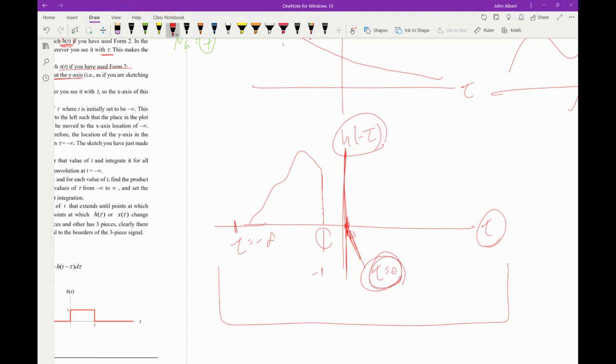Which means that the point which is at tau equal to 0 would become at tau equal to t. So this is the point tau equal to t, which is equal to, in this example, minus infinity.